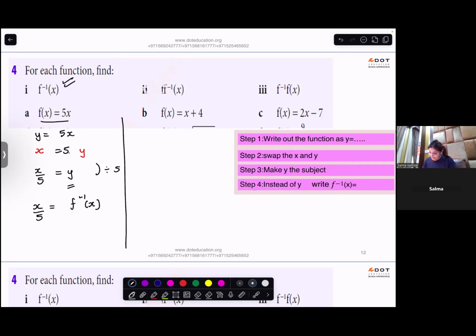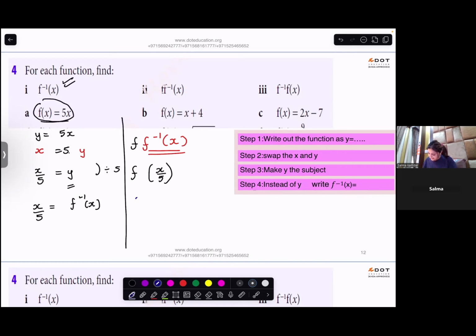Now my step 2 is to find f of f inverse of x. I've already found my f inverse of x. That means I have to find f of x by 5. Okay, I have f of x as 5x.